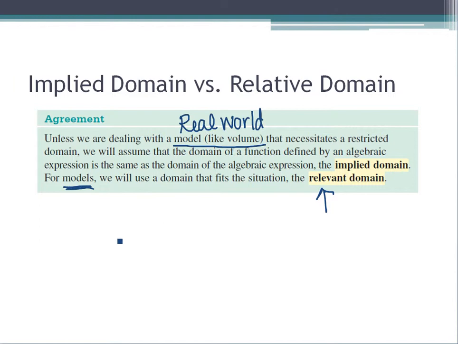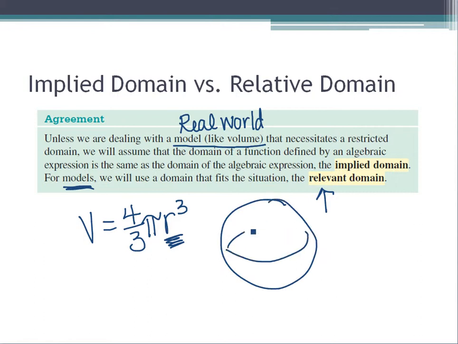So for example, if we're talking about the volume of a sphere, so 4/3 pi r cubed, the domain of this variable here, r, is restricted not in an algebraic sense, but in a real world sense. Because a sphere that has a radius, that radius cannot be negative and it cannot be 0.